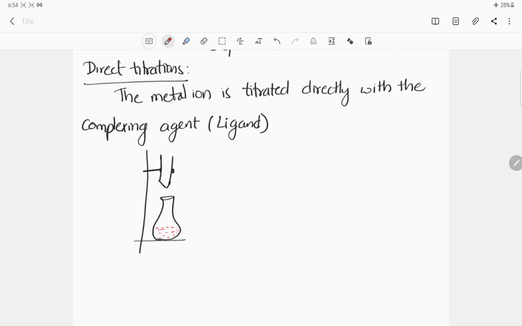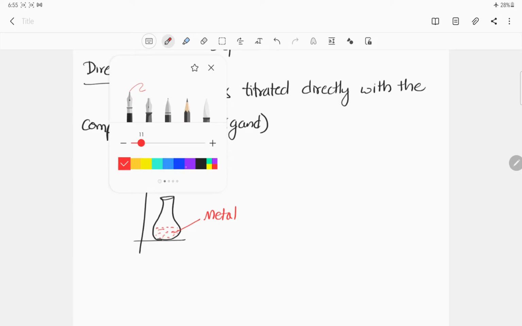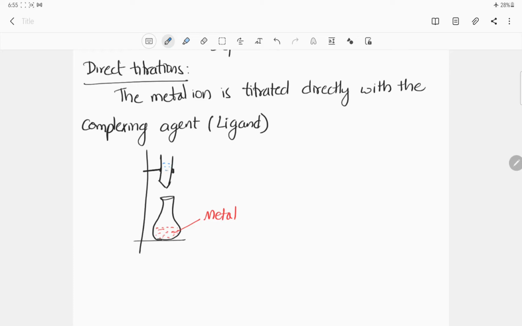This is the sample solution. Suppose this is metal, sample metal which we wanted to analyze. Ligand, let it be EDTA.